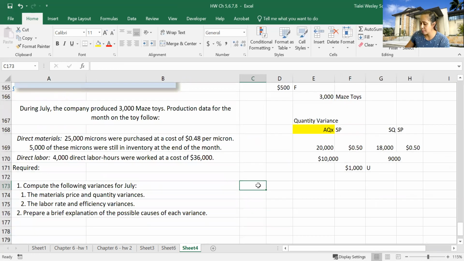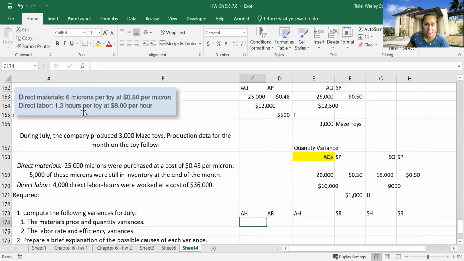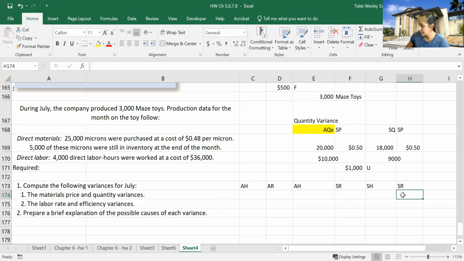So I'm going to do this similar formula: A, S, S, S, and then we're going to do H, R, H, R, H, R. So now my standard rate is $8 per hour, and it said 1.3 hours per toy.